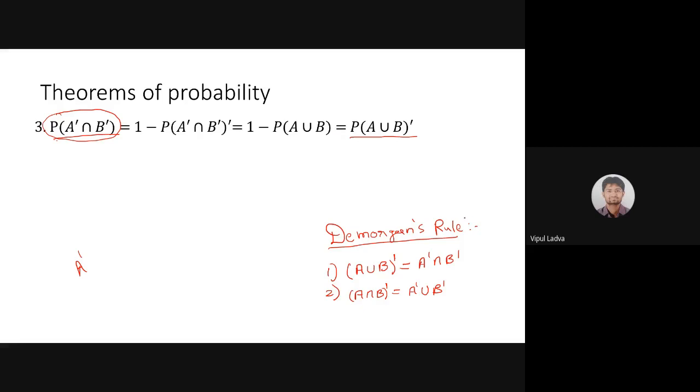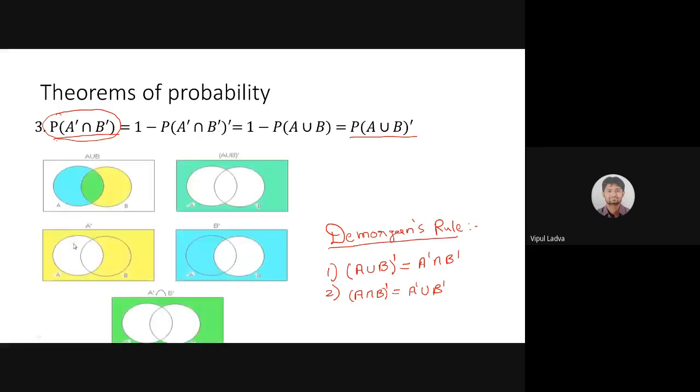We can prove it using set theory, using a graphical method, or with a logical argument also. But right now I'm giving you a graphical proof of that, which is not important for your examination. Don't worry about that. I'm just going to show you why both these terms are the same.